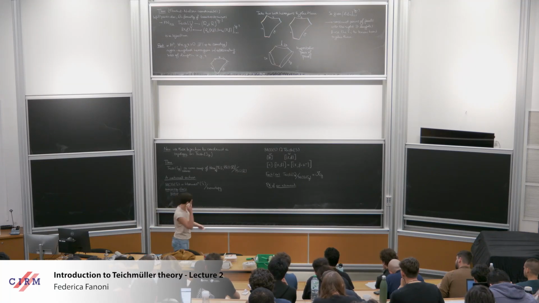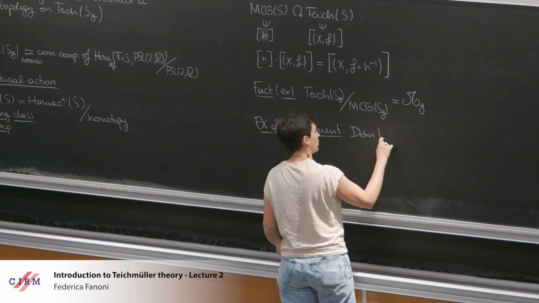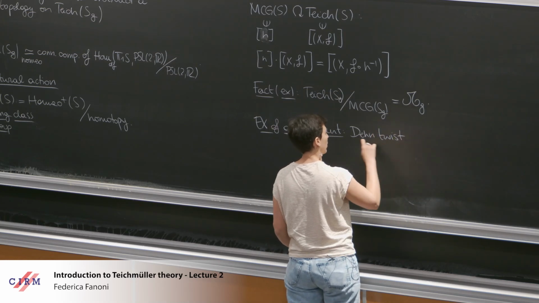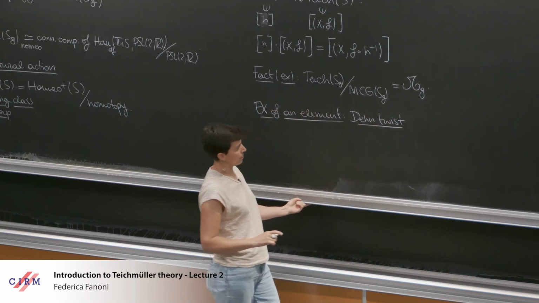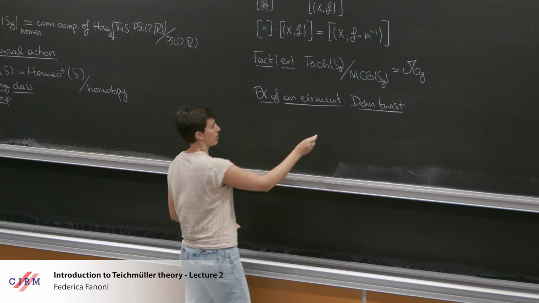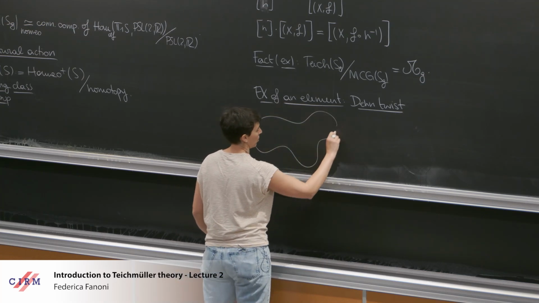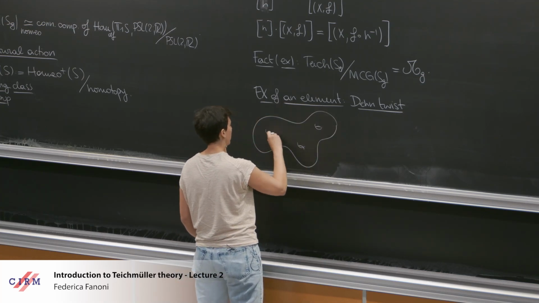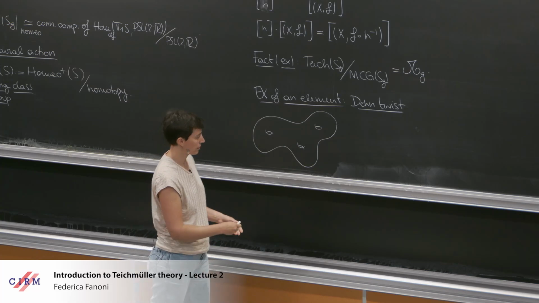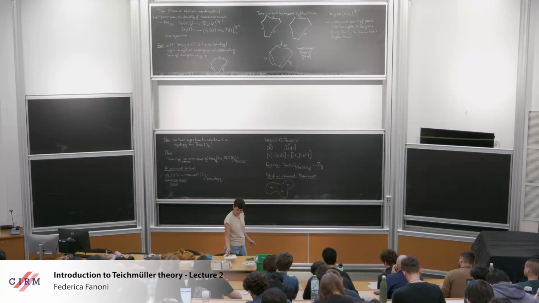So the element that I want to define is a Dehn twist. To define a Dehn twist, you have a surface, and you pick a curve, a simple closed curve on it.